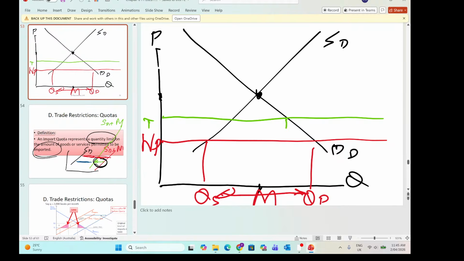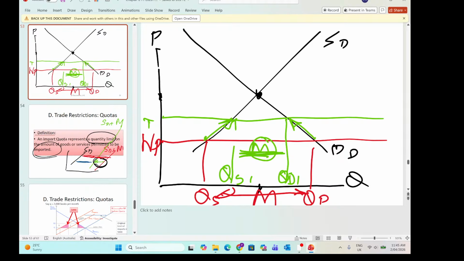The new level of demand, QD1, is lower because at a higher price, consumers buy less. And at a higher price, producers make more. So this becomes QS1. And now the level of imports is smaller. You can see the level of imports shown in green is lower than the level of imports shown in red.